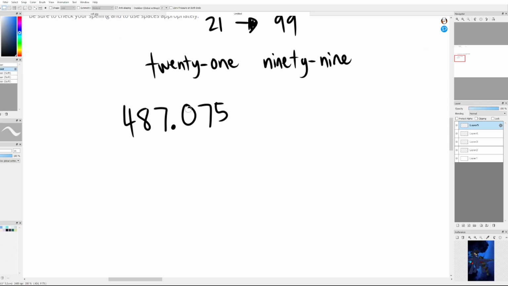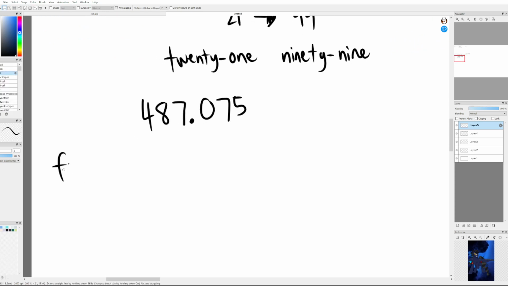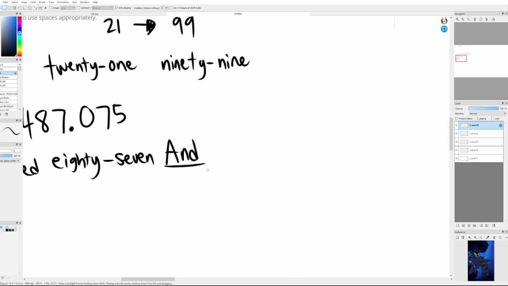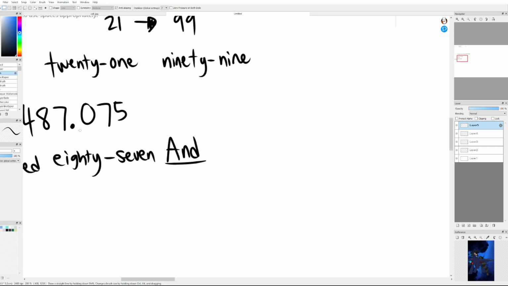to figure out the written word of this, we start with our 400, 80, 7, hyphen 7, and then for decimal points you do and, then you want to count the place that it's in.